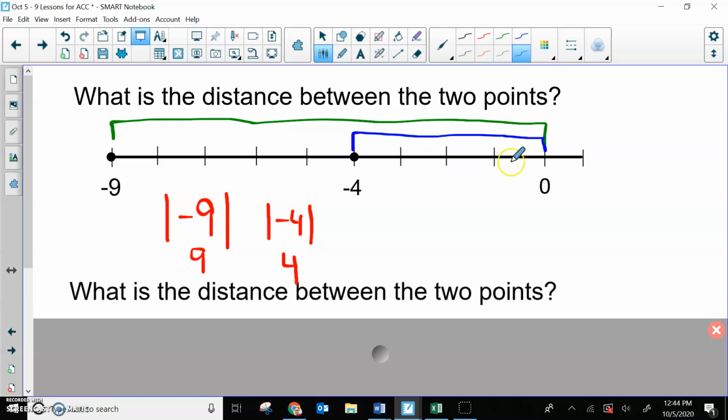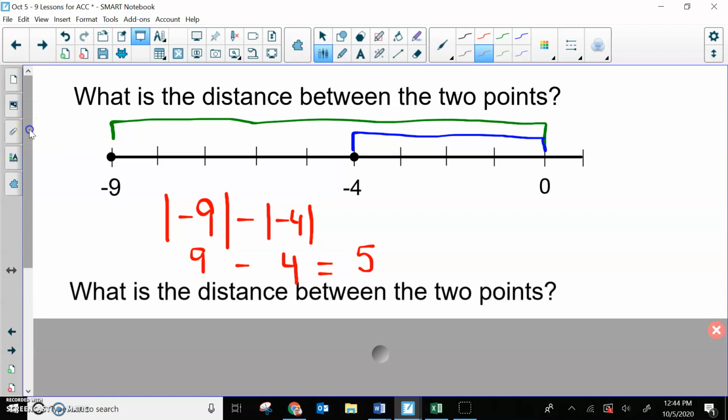I don't want this whole distance, I just want to know what this part is. So that is not an addition problem. They are not side by side. We need to subtract them. So 9 minus 4 in this case is 5. So 5 is the distance between -9 and -4.